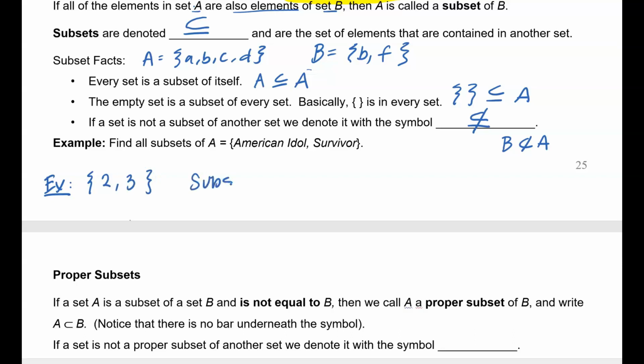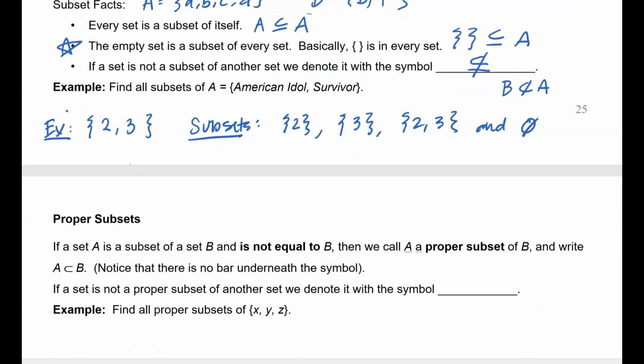So the subsets, if we listed them out, would be the set with 2, the set with 3, the set with 2, 3, and the empty set. So all the different possibilities of sets you could make with that beginning set would be a part of it. And again, I know it's weird to put the empty set in there, but remember that was part of the subset facts, that the empty set is a subset of every set.